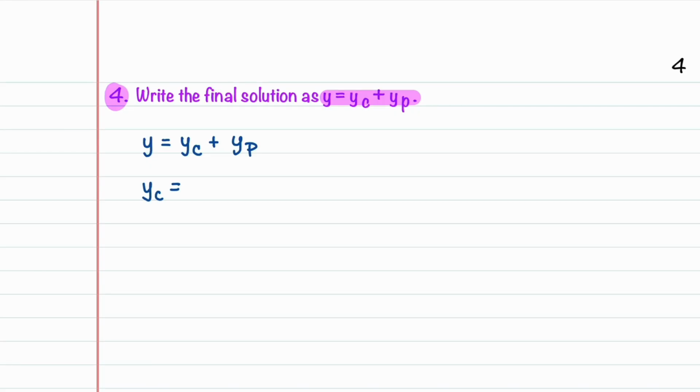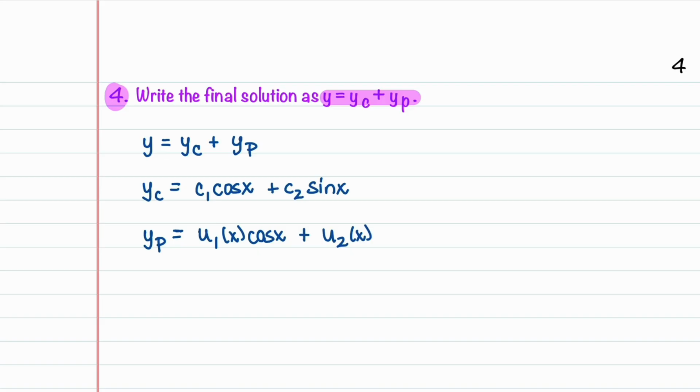We found that YC was C1 cosine x plus C2 sine x. And now let's write down Y sub P. Y sub P was U1 of x cosine x plus U2 of x times sine x.